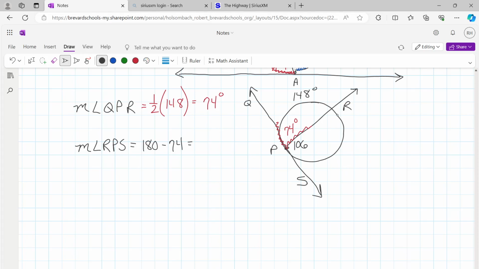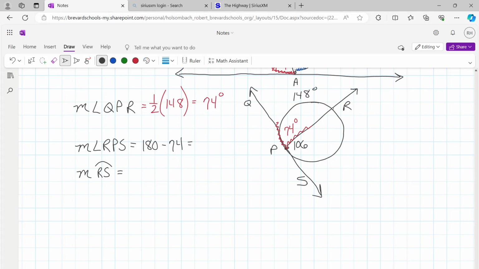And then if you needed arc RS, well, if we use the converse of the rule, if the angle equals half the arc, doesn't the arc equal twice the angle?